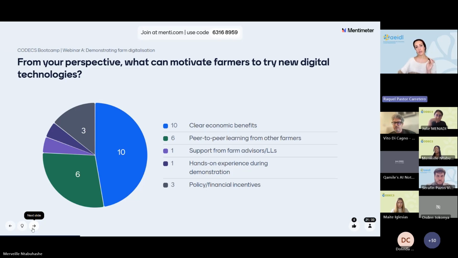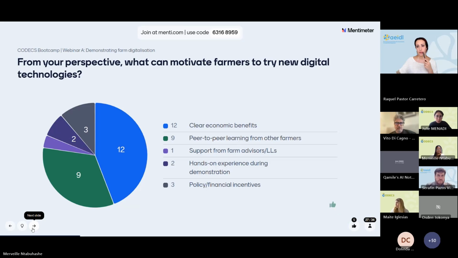Okay, for the moment, clear economic benefits is the most important motivation for farmers to try new digital technologies, and also knowledge transfer, peer-to-peer learning from other farmers. These are the two most important motivating inputs for farmers.